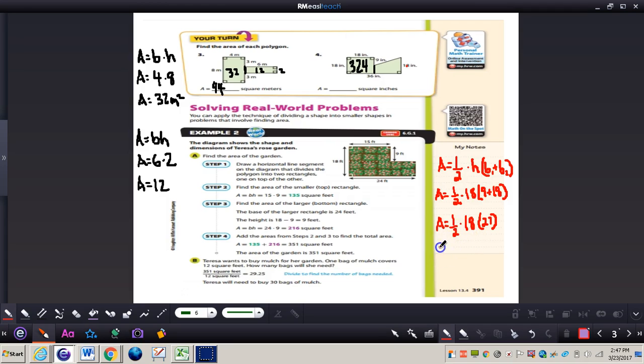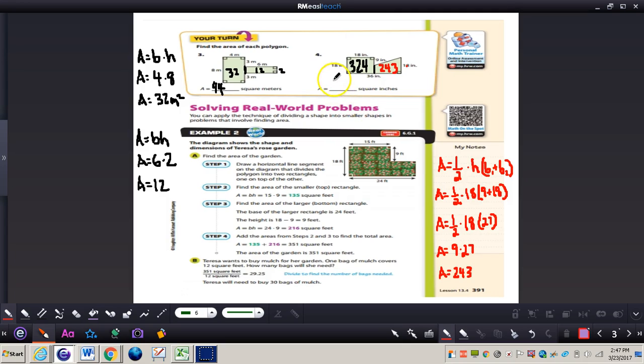Now we have 1/2 times 18, which is 9 times 27. And then 9 times 27, area equals 243. We have 243. Now what we can do is add 324 plus 243 together.